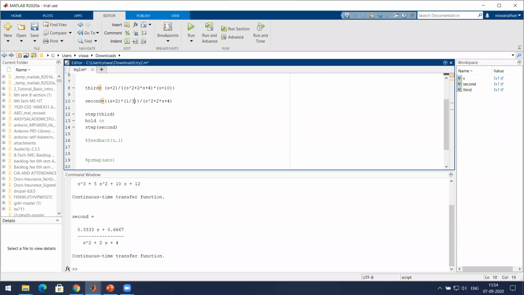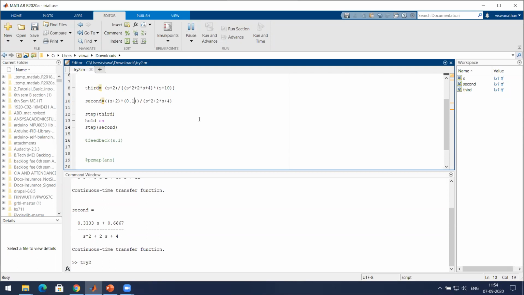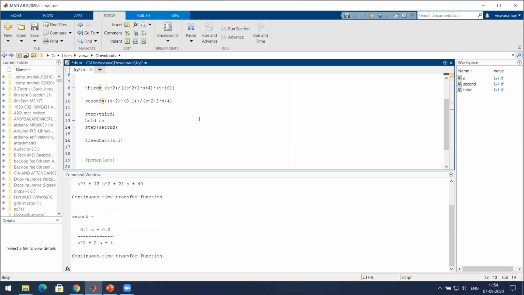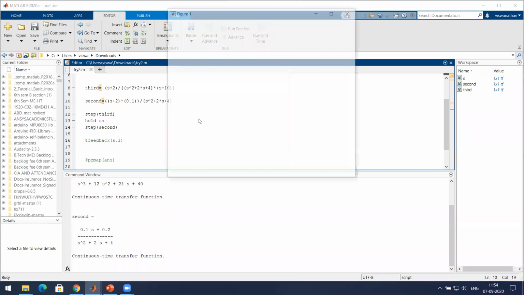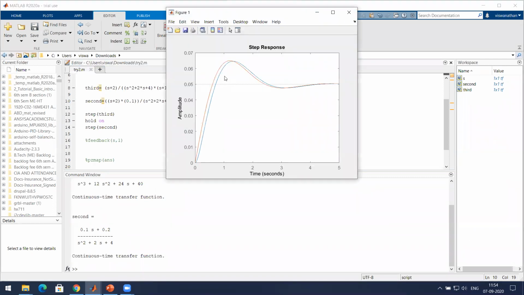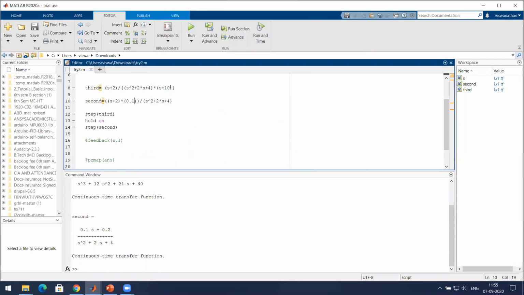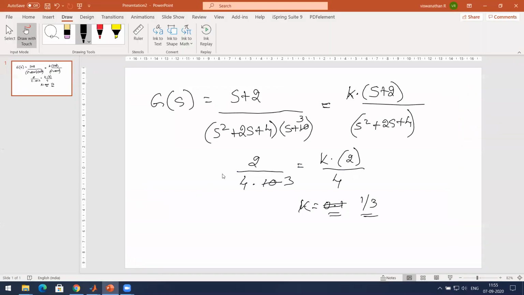When I change it to s plus 10, I have to change the gain also correctly. It is 0.1. Now if I run this, I'll get a response which is approximately equal. Suppose I have to find the gain each time.